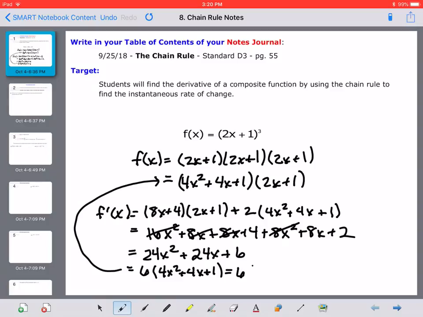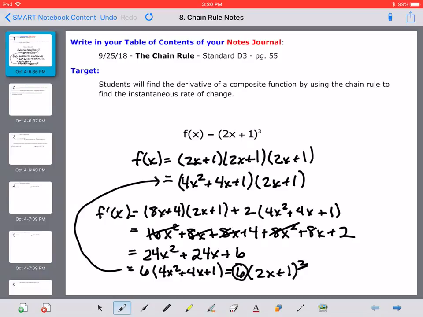So I'd get 6 times 2x plus 1 squared. Okay, very similar to the original problem, with the exception of this 6. Just like with our power rule, the exponent is decreased by 1.